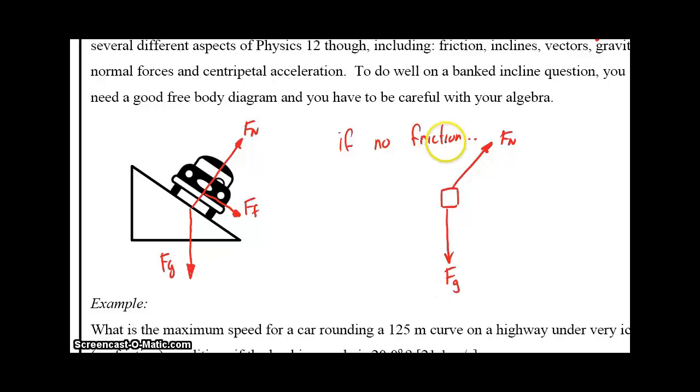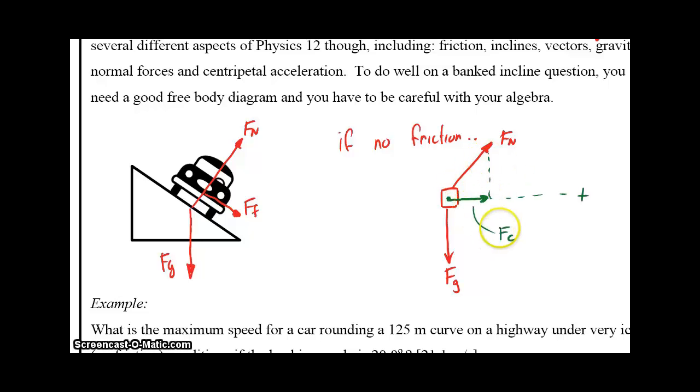Fg. Now, if our center of rotation is somewhere out here, so the car is coming out of the page and going in a circle, Fc will be that component of Fn.